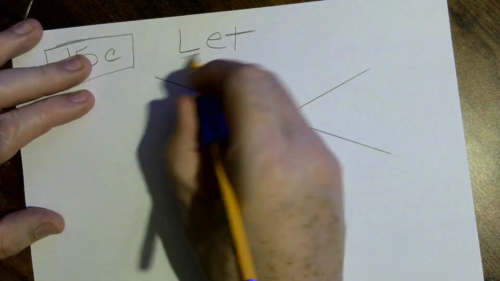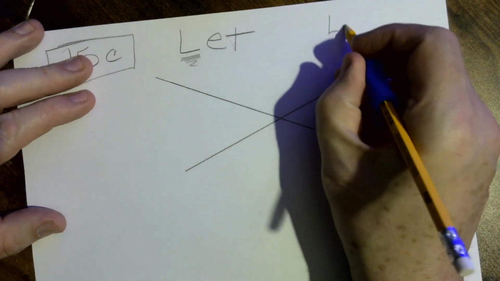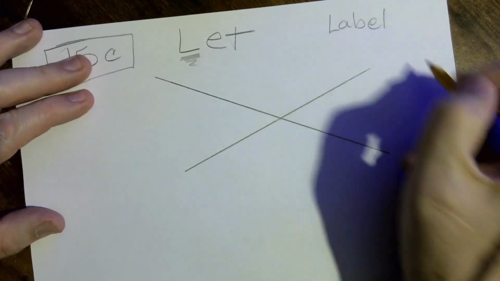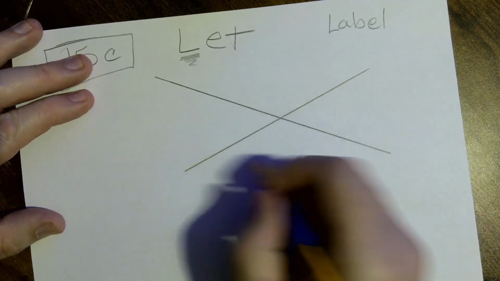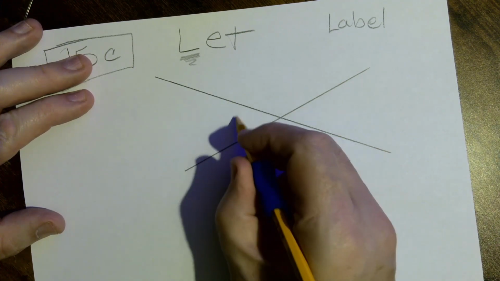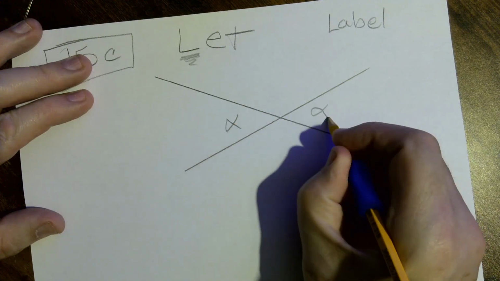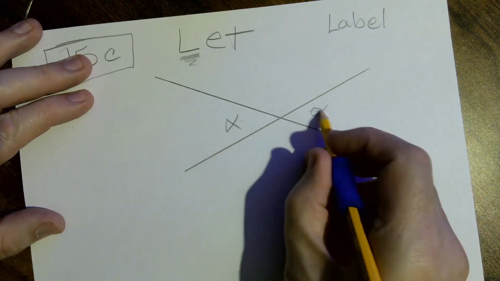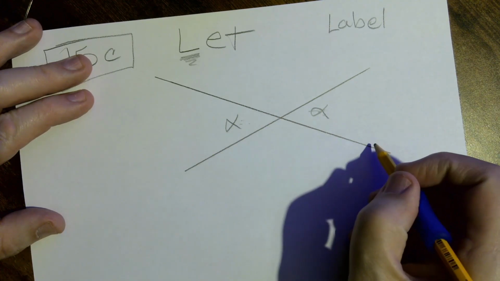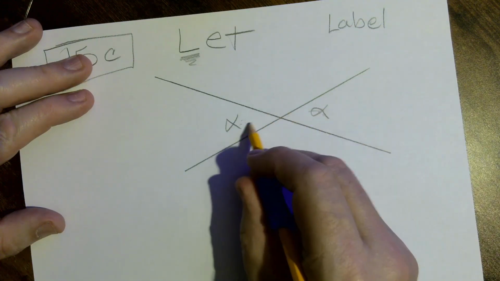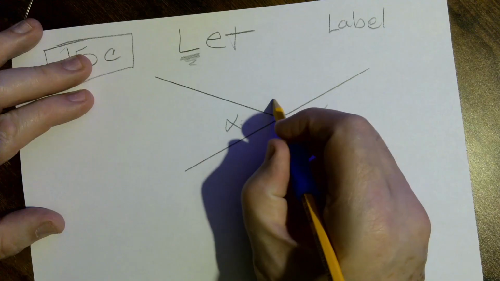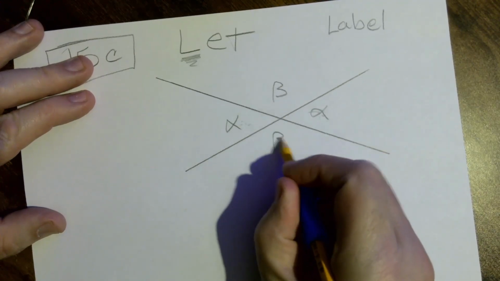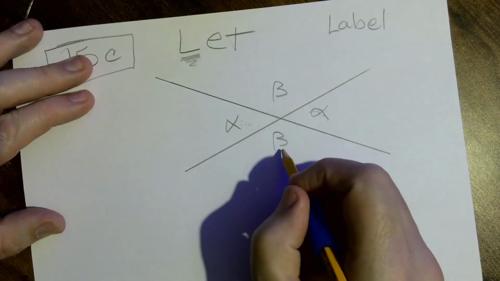It starts with an L. So does the word "label." So let's label these angles. These are vertical angles. They're congruent, so we'll give them the same symbol. These are vertical angles. And we'll give these the same symbols because these angles are congruent.